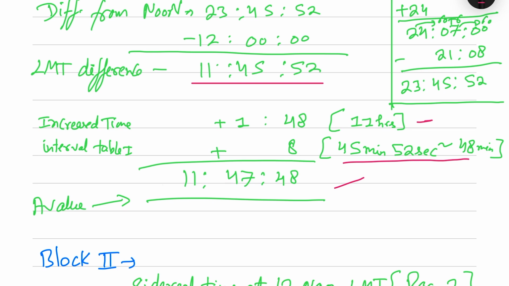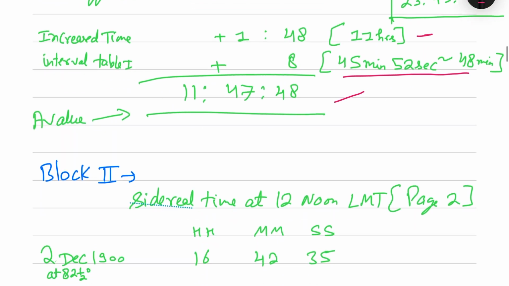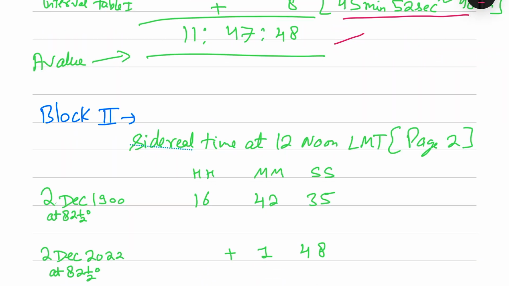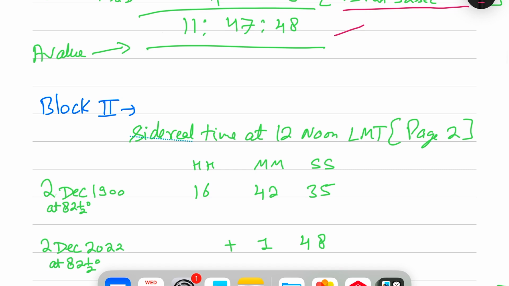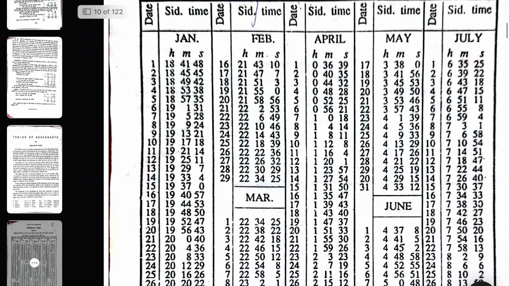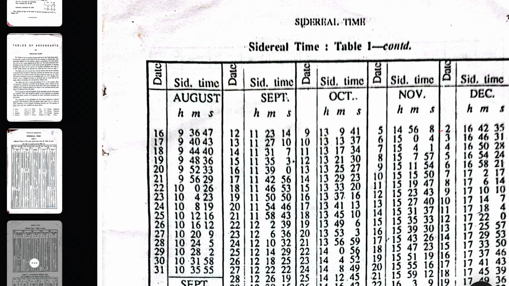This is the A value. Now we have to calculate the B value. For the B value, we refer to page 2 in the table of ascendant for the date. So it is 16:42:35.